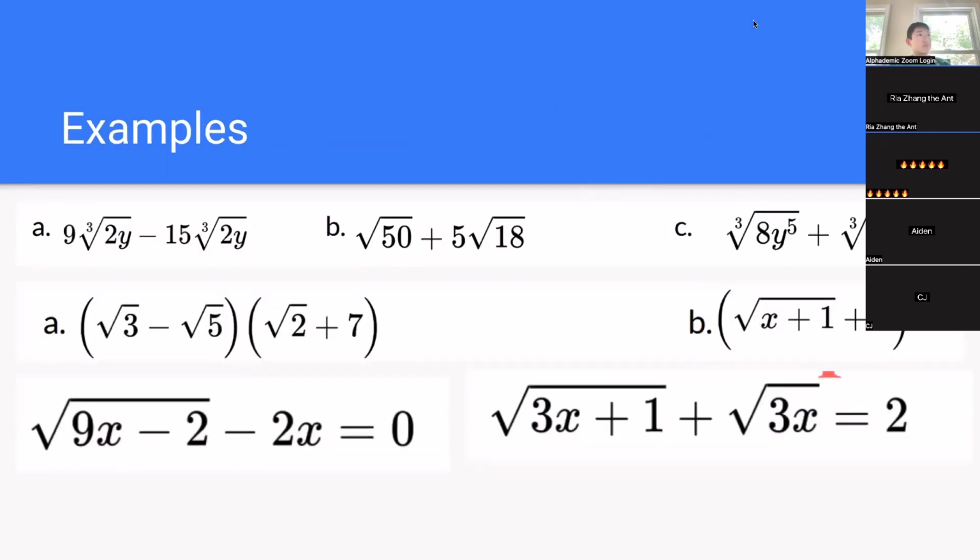All right, here are some examples. I'm just going to skip the examples since we are a bit short on time, but I'll quickly talk about it just to show you. So for example, here you can see that the index, which is the 3, is the same. And the radicand, the number inside the square root, is the same.